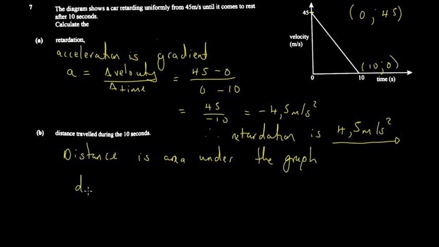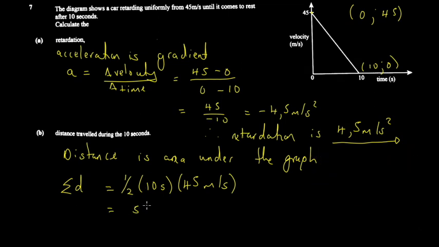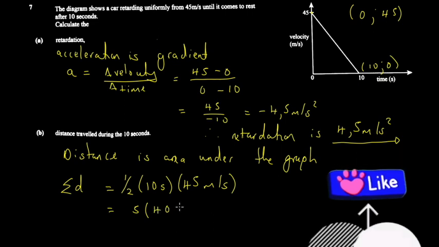Total distance is equal to half, then our base is 10 seconds, multiplied by height, which is 45 meters per second. Here you actually get 5 times 45, so you can say 5 times 40 plus 5.